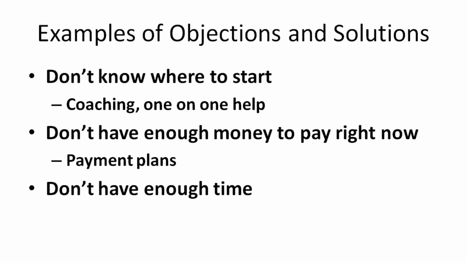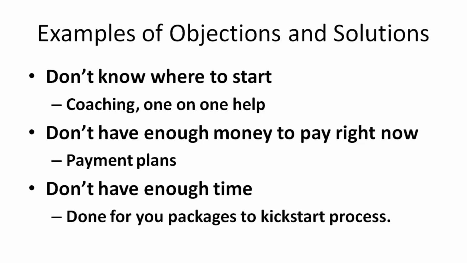That's another very, very popular objection. So what you can do is say, okay, you don't have enough time, so I'm going to offer you a done-for-you package to kickstart the process. Setting up a website, installing a software, getting the configuration settings of the software set up, a service, whatever it might be, you have a done-for-you package to kickstart the process.